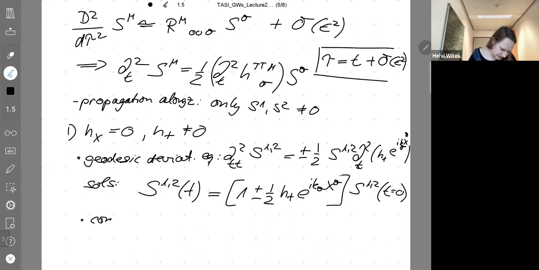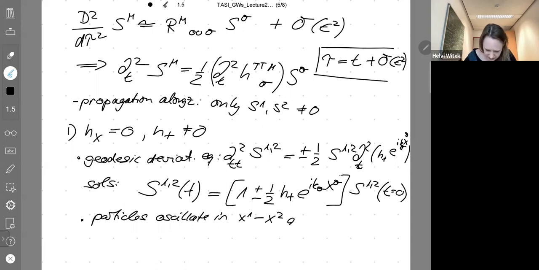Okay, so if we consider a set of particles, they would oscillate in the x and y direction if we choose Cartesian coordinates. So our particles oscillate in the x1, x2 direction.